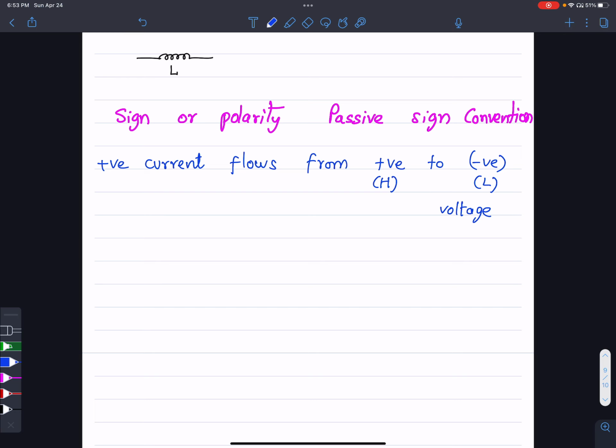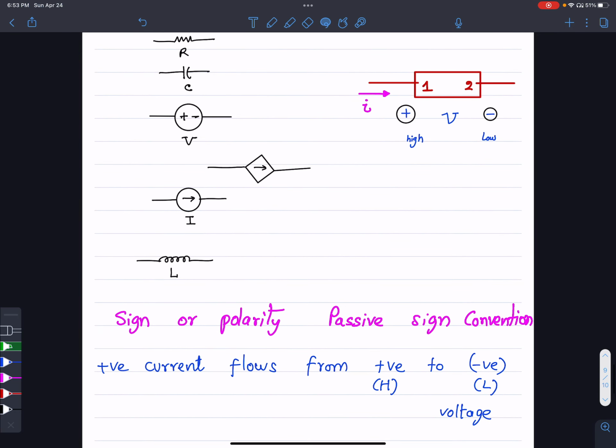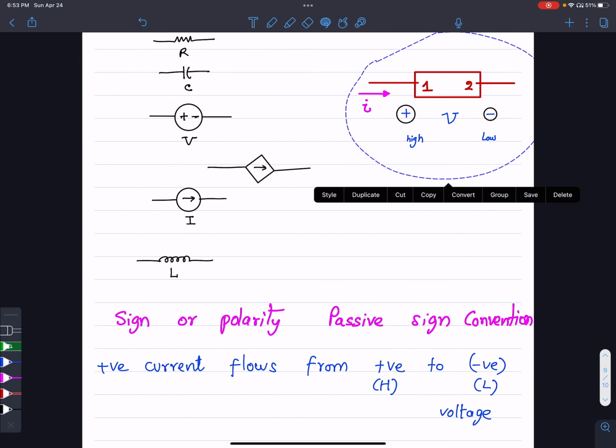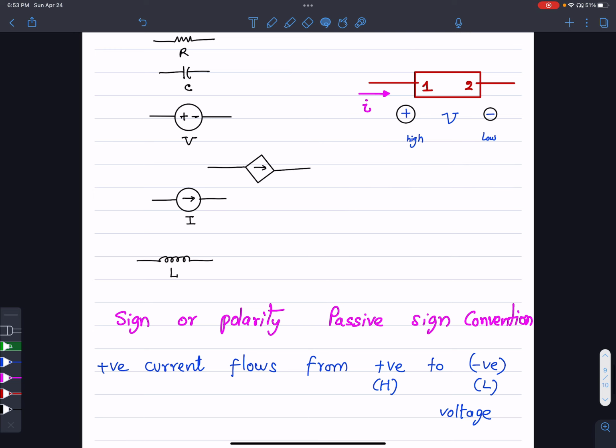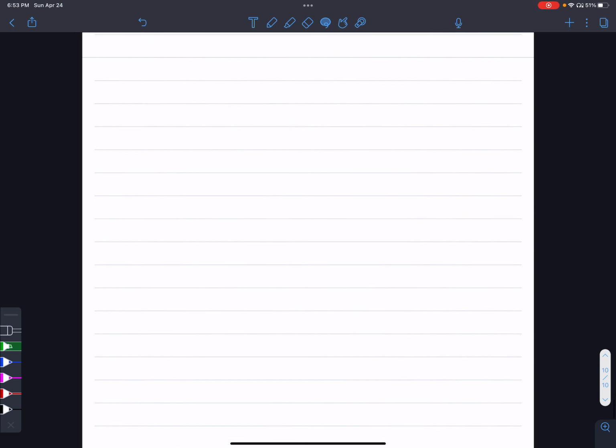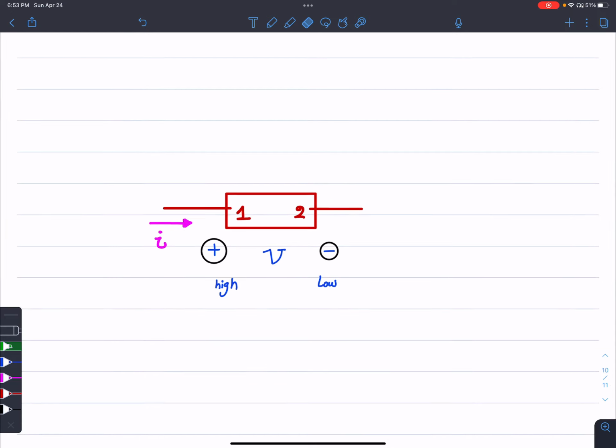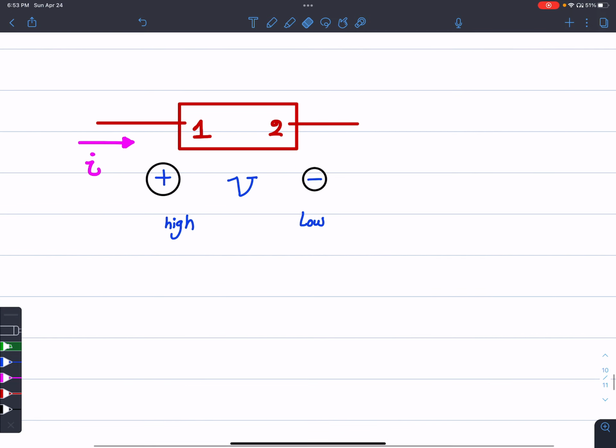So that's the idea of passive sign convention, and I'm going to expand that a little bit more, just the notion of what is positive and what is negative. You will see me using that over and over again in a multitude of different contexts.